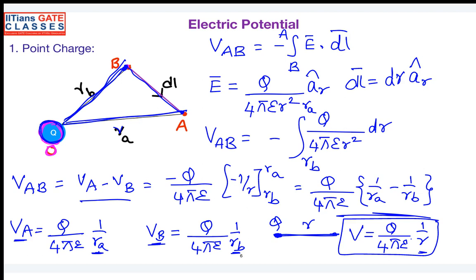That means at point A and point B, both the points are in the same direction and inclined at an angle of theta, right? That is your question. So when both the distances are the same, your dl vector is right away nothing. There is no change in rho. That means your potential difference is straight away zero, because you are moving from the same point and again reaching the same point, because the value of r remains the same, right?